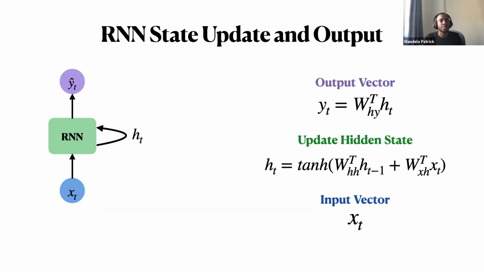And then for the output vector, we apply another weight matrix to get our output. Honestly, a lot of neural networks is simply matrix multiplication. Usually we have some weight matrix, which we multiply by some input, and it gives us an output, pretty much.